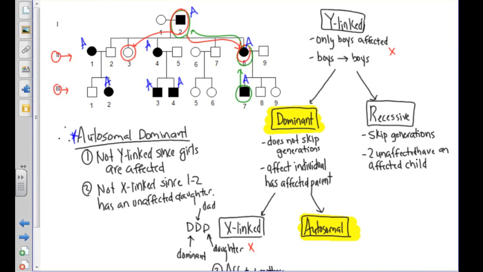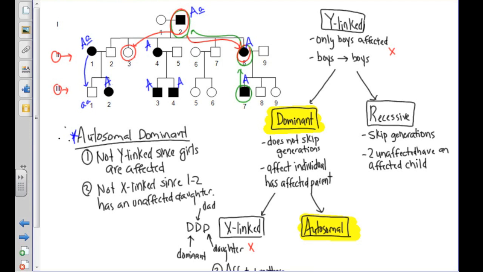The second allele you can determine by either looking at parents or children. So individual 1-2, their second allele is recessive because they're able to have unaffected children. Same reason goes for individual 2-1. Their second allele is also a recessive allele because they're able to have unaffected children.